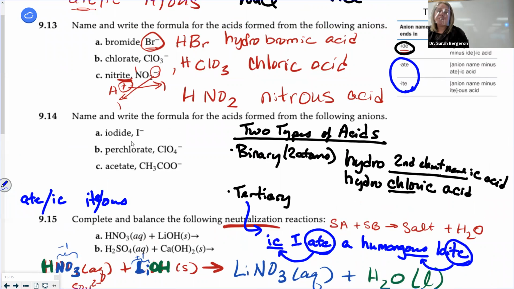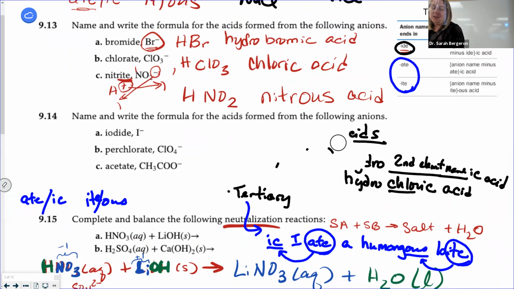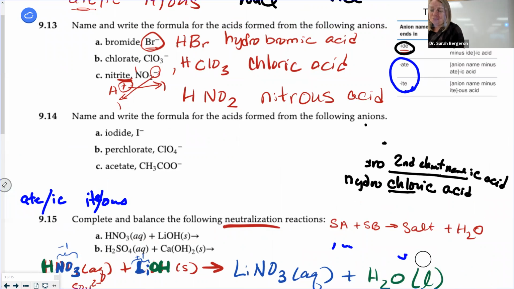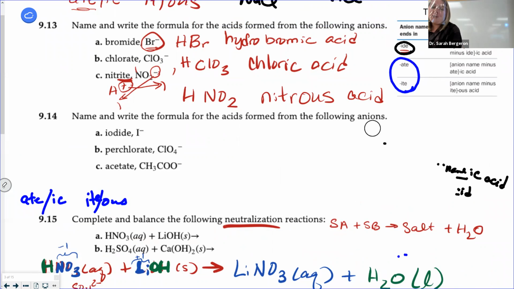right? Okay, so let's write the name and formula for the acids. So I'm going to erase some of this stuff because I'm going to need room. Okay. All right. So if I am going to create an acid with iodide, give me the formula first.